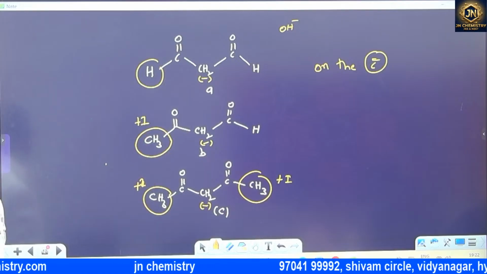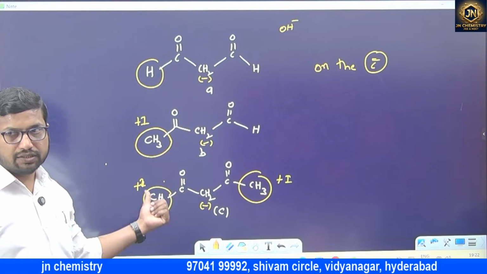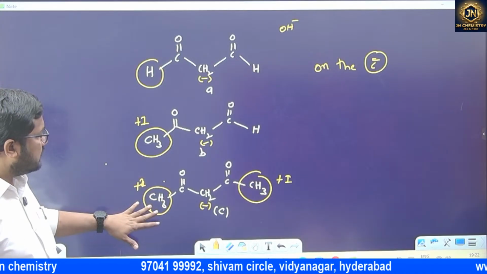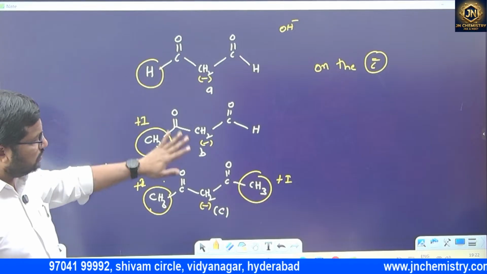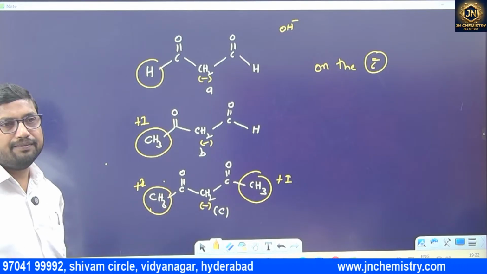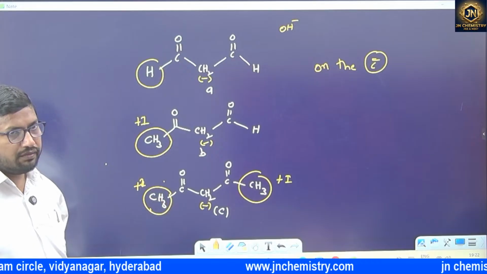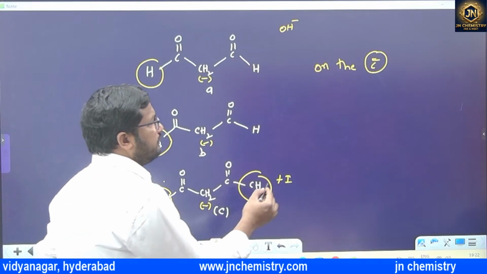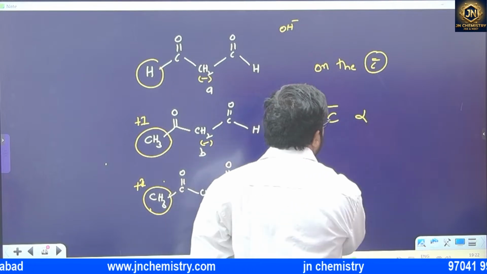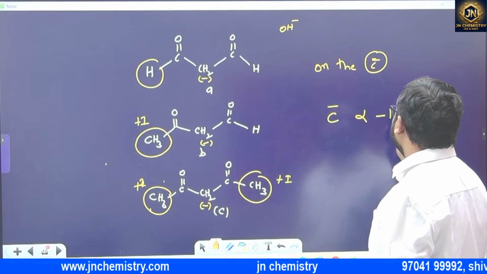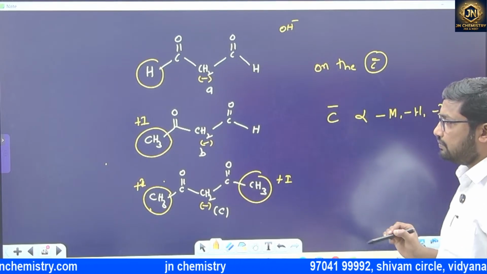So now, the resonance alkenes తో ఉన్నప్పుడు ఈ డబుల్ బాండ్ ఓకే అవ్వదు. Plus it is 2 plus I. Here is 1 plus I. So now, which carbanion is more stable? Carbanion stability is directly proportional to minus M, minus H, minus I. Yes or no?